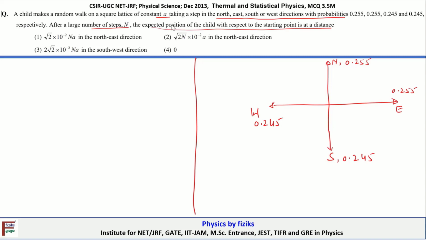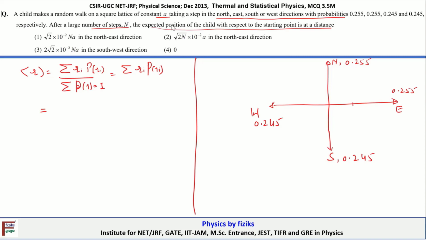So the average displacement for one single step is r, equal to the summation of Ri P(Ri), divided by the sum of probabilities, which is unity, so this is basically the summation of Ri P(Ri). For the given probabilities for the four different directions, the step length is a.